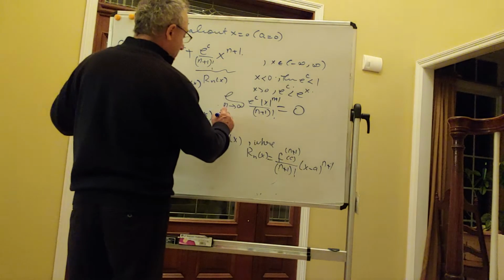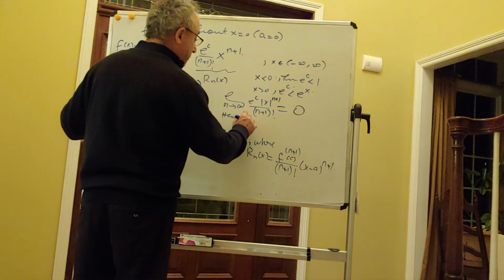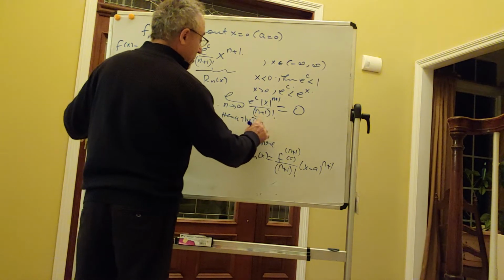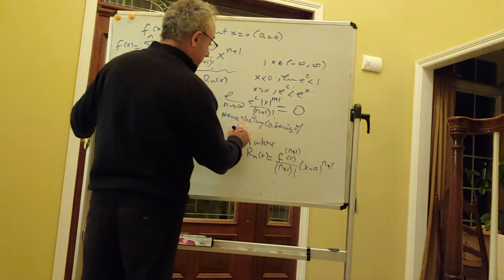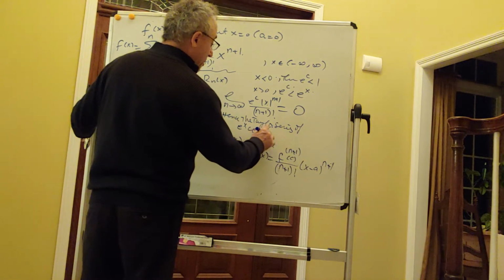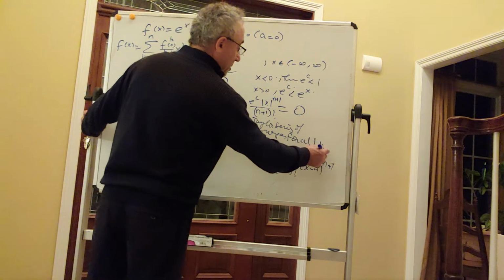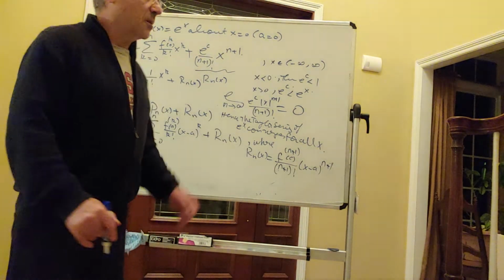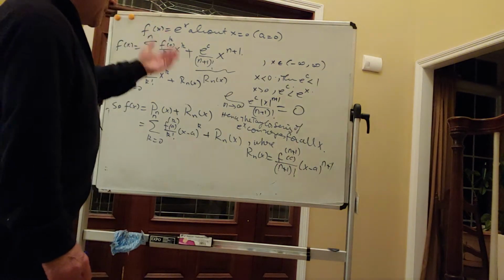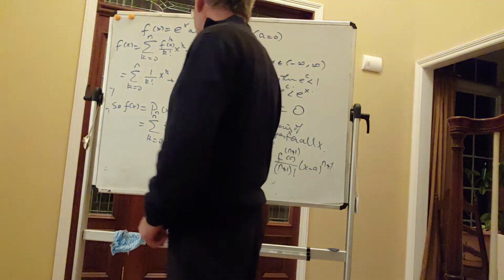And this tells me, hence, the Taylor series of e to the x converges for all x. Okay? And we can do other examples.